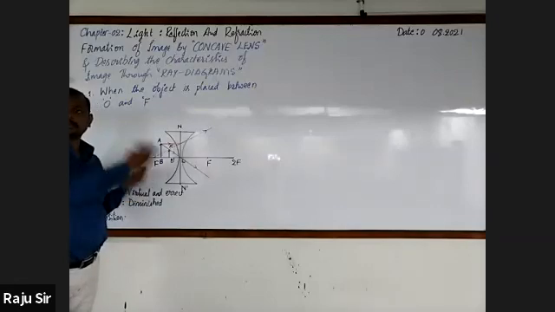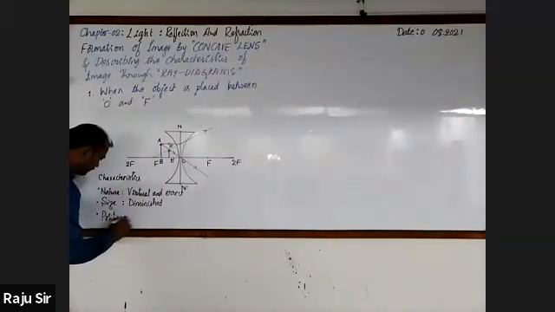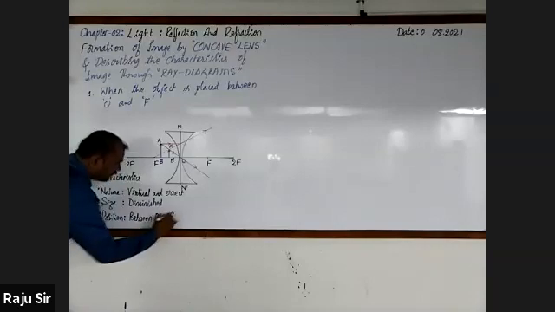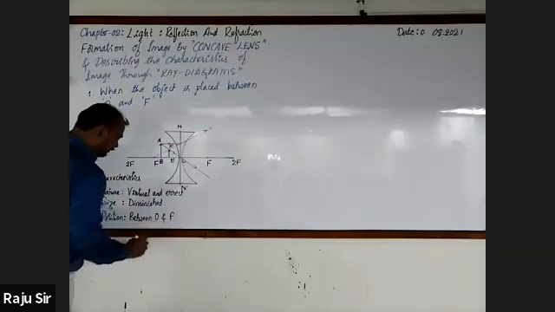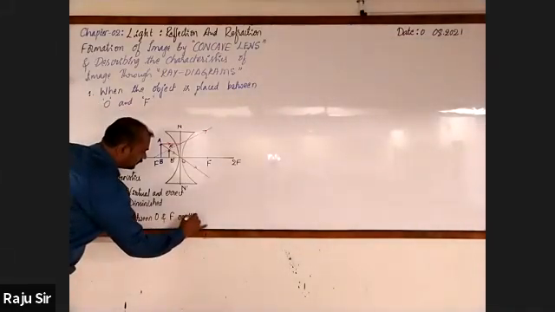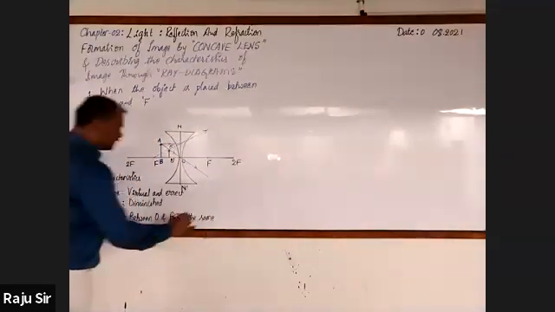The image is formed on the same side where the object is. Between O and F, on the same side of the object.